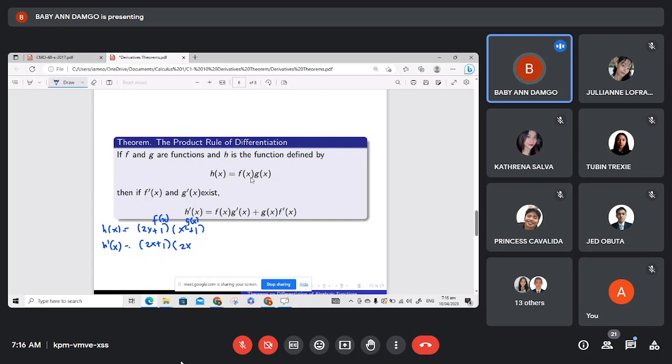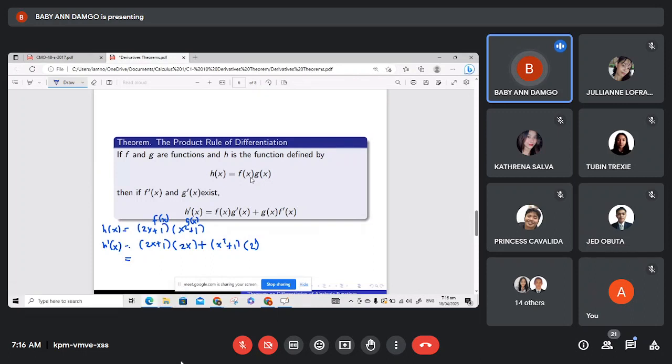So, this is 2x plus, so, kani, copy ang g of x squared plus 1 times ang derivative sa f of x. So, ang derivative ani is 2. And then, i-simplify.